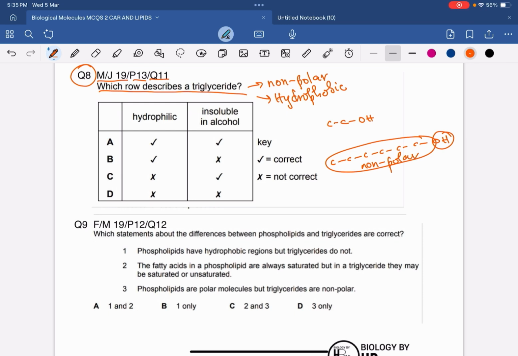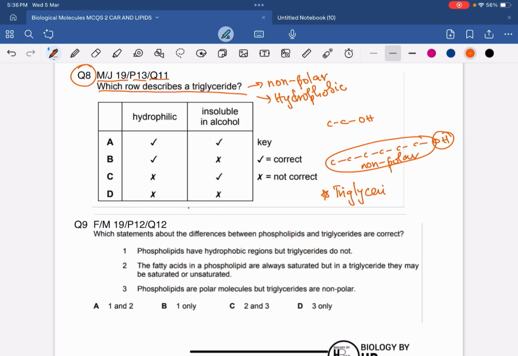So the alcohol is treated as non-polar, right? If there is a long chain alcohol, it definitely means that the non-polar part is more dominating, and we know that triglycerides are also non-polar, right? So non-polar and non-polar will dissolve in each other, because we know that like dissolves like. The non-polar will dissolve in the non-polar. So you can say that yes, the triglycerides are soluble in alcohol, right?